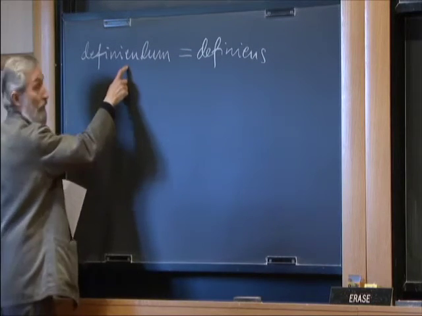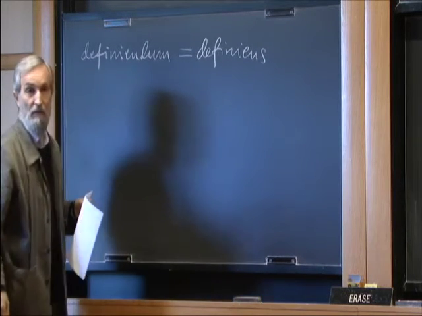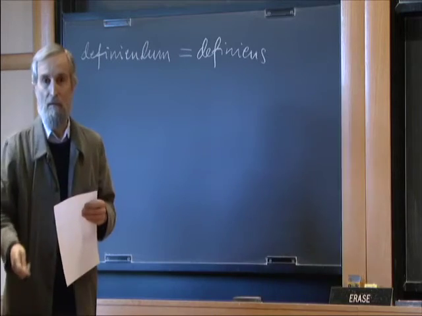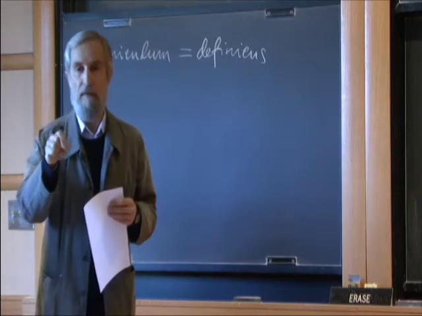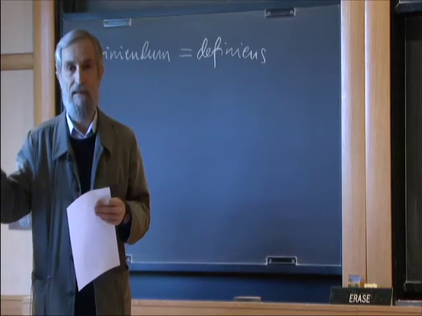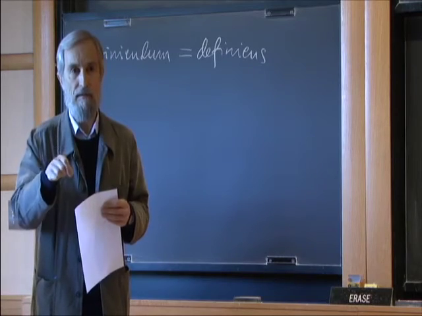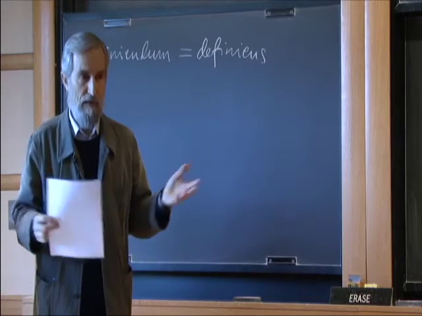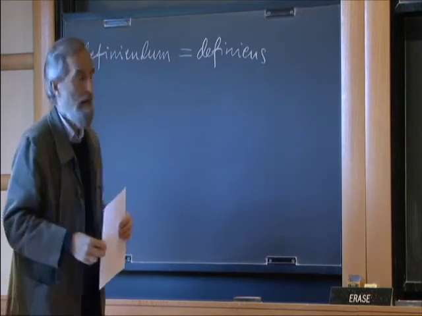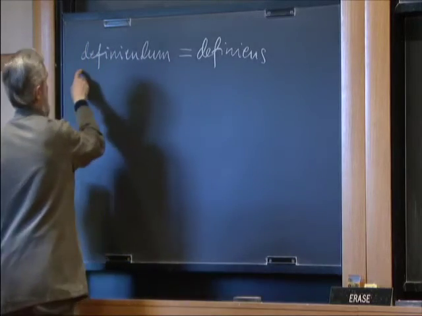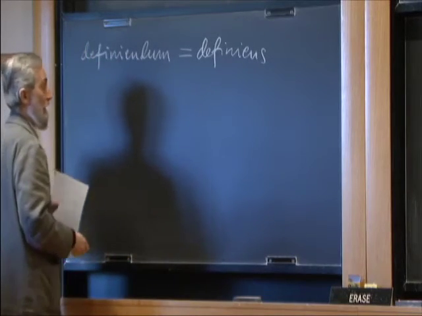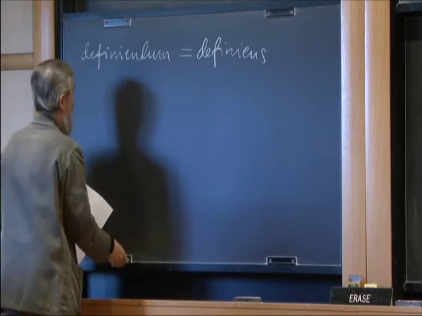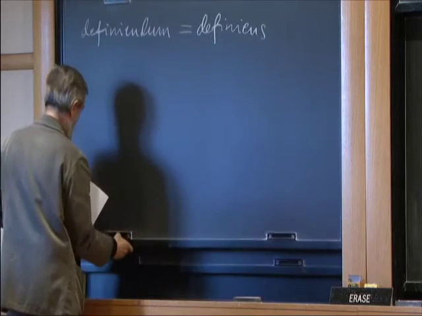So here there is also a problem. I mean, it was the defined thing and the defining thing, definitum and definiens, but there it's Russell. I don't know why he changed definitum into definiendum, but I stick to the more usual formulation.